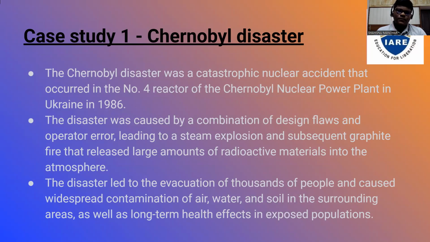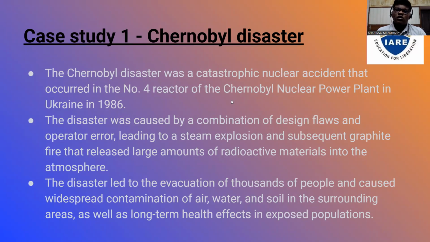Case study 1: the infamous Chernobyl disaster. The Chernobyl disaster was a catastrophic nuclear accident that occurred in the number 4 reactor of Chernobyl nuclear power plant in Ukraine in 1986.